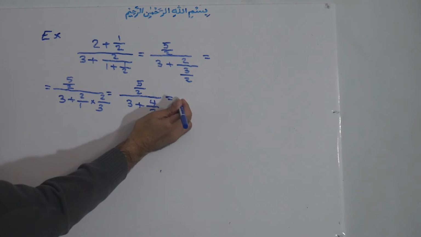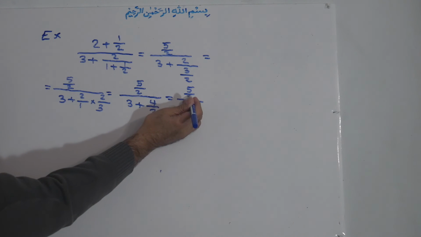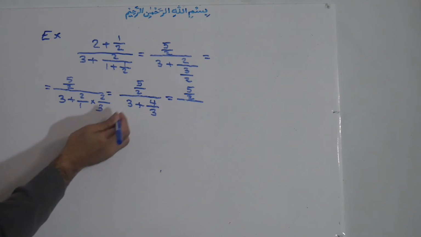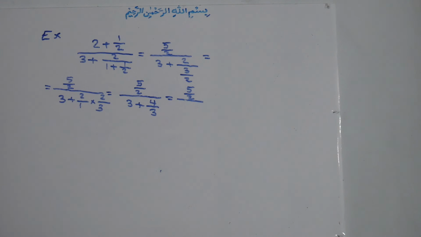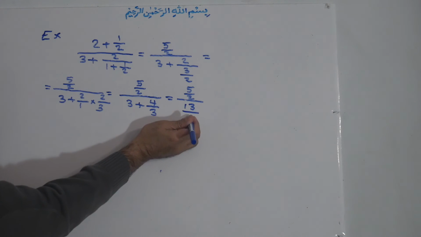This is equal to 5 over 2 over 3 times 3 is 9, 9 plus 4 is 13 over 3.